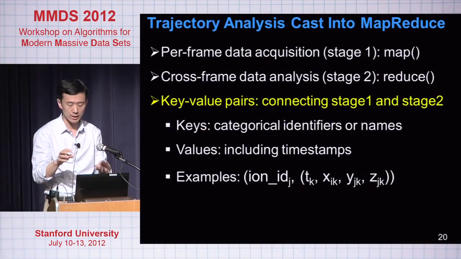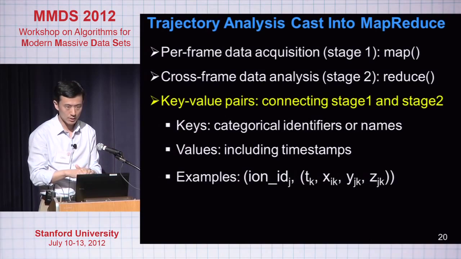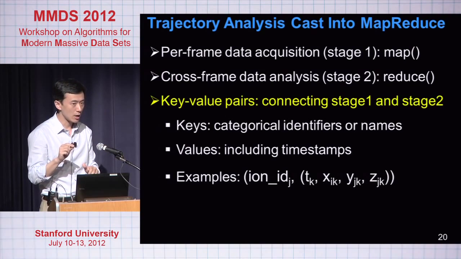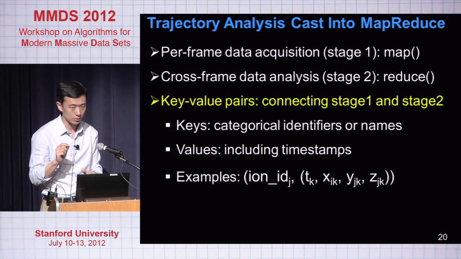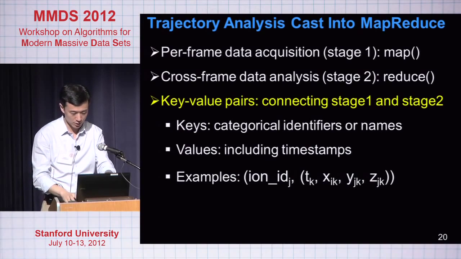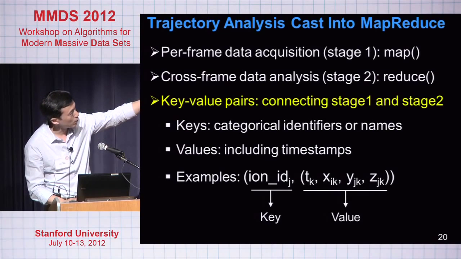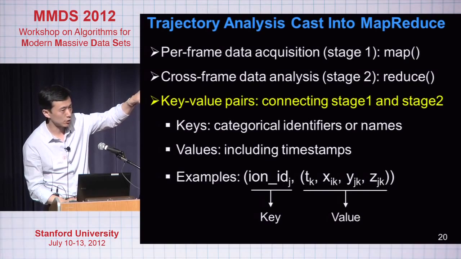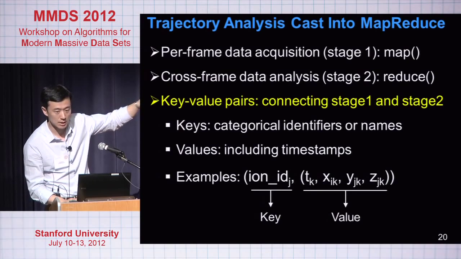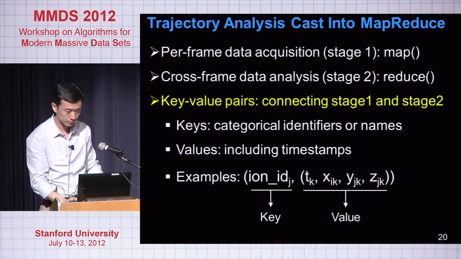In this case, we can say it's ion A or ion B. Now, the values, in addition to the positions of the ions, also need to carry the timestamp from which these positions are retrieved. So in this case, we use ion ID as the key, and the value will be XYZ, the position of the ion, plus the timestamp of the frame it was retrieved from.